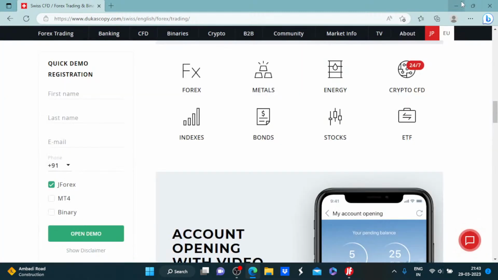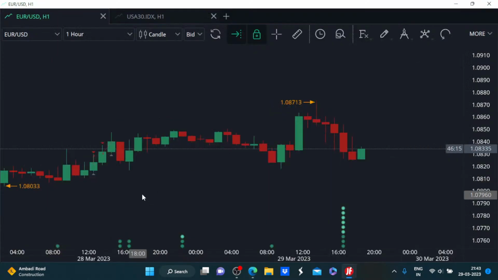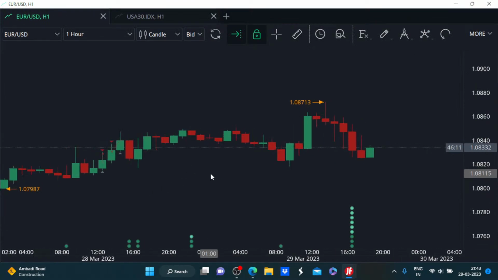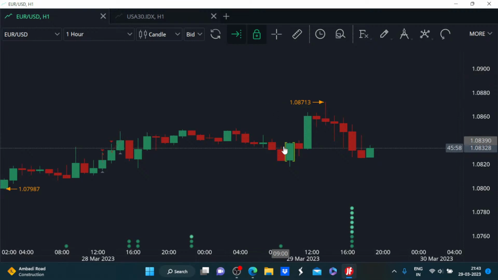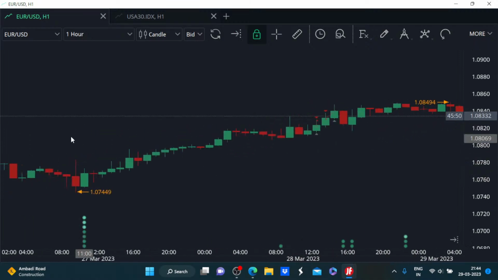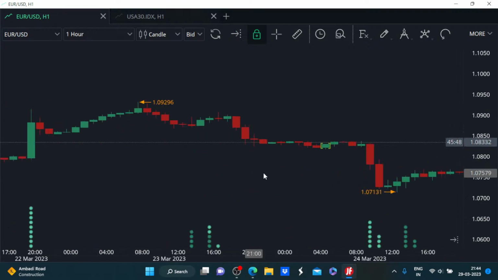So let us now head to JForex 4, the newly released trading platform, to understand this price formation in detail. Thrust outside bar. Let me add it by a quick search. Here it is. In today's trading session, we had the formation earlier in the day at the 10 GMT candle. Let me look at some more examples of it.